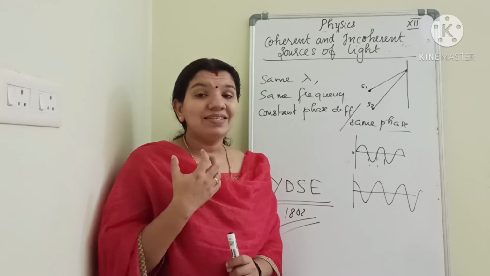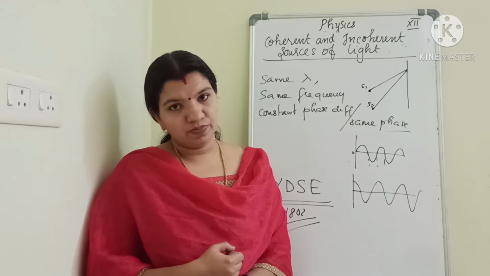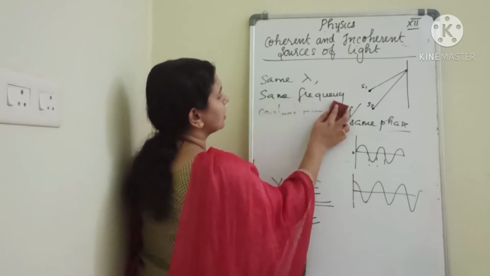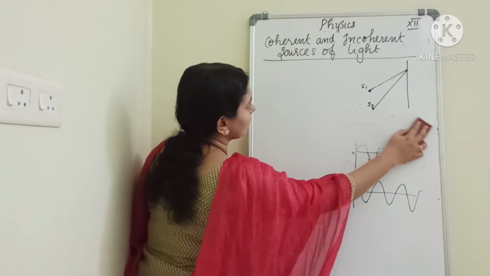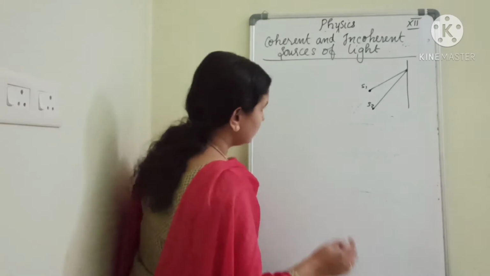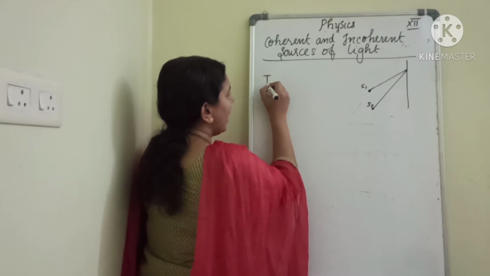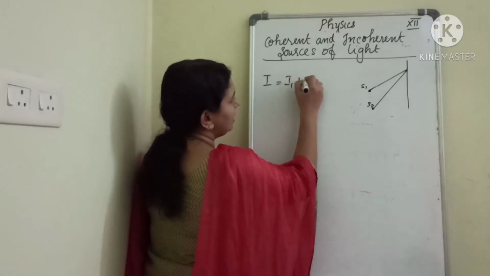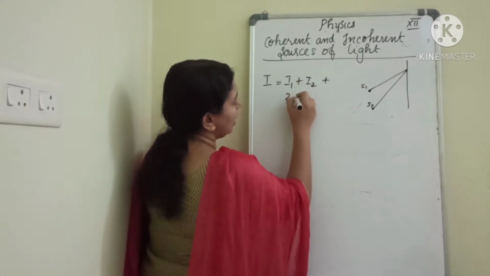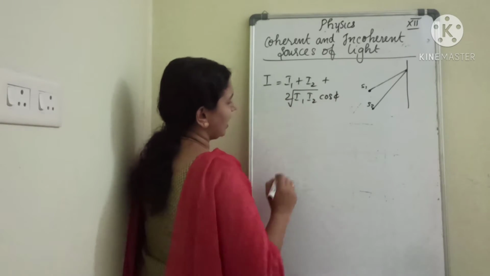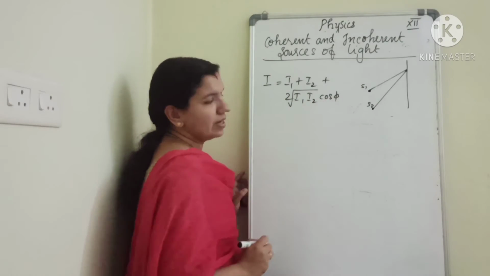Now what is the need of this coherent source? That's also an important question. We have an expression for intensity, that is I equals I1 plus I2 plus 2 root I1 I2 cos phi, isn't it?